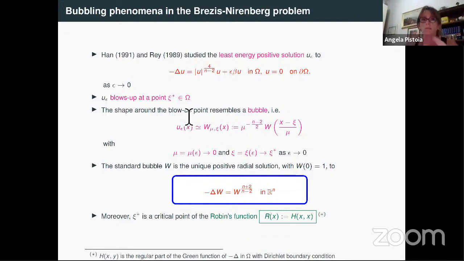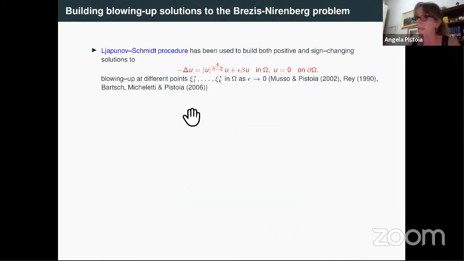Okay, so having in mind the profile of the least energy solution, knowing also the location of the blow-up point, what has been done for the Brezis-Nirenberg regular problem is the construction of a bunch of positive and sign-changing solutions which blow up at different points in omega.